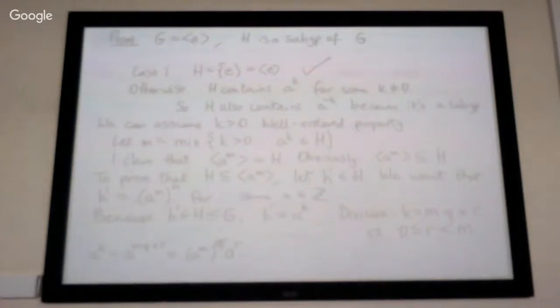Now A to the k is in the subgroup A to the n.